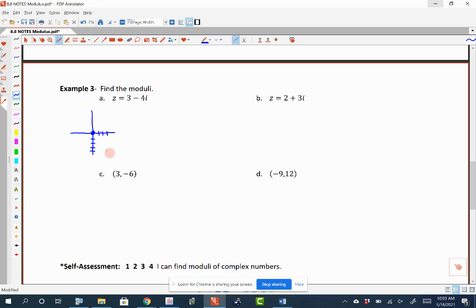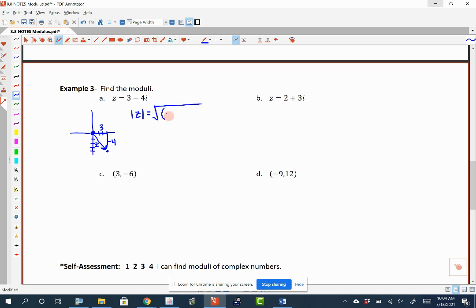So that means I'd have a vector ending right there. So I can form a right triangle that would go over 3 units and went down 4 units. So Pythagorean theorem says I can find the length of my modulus. So I'm going to go ahead and use my notation here. The length of my modulus to find the magnitude of that vector.